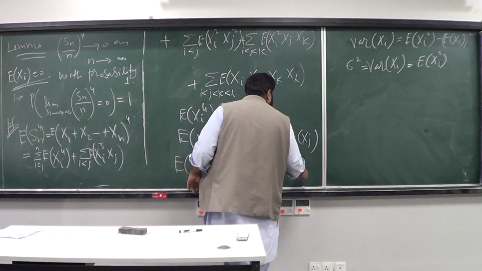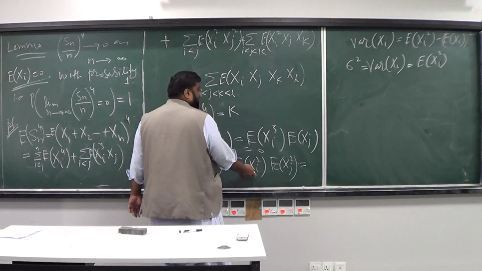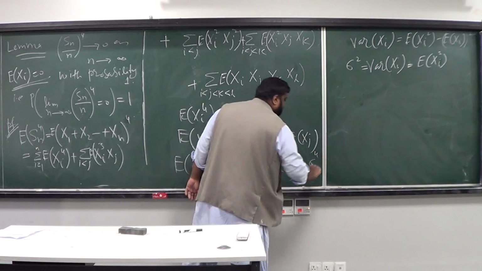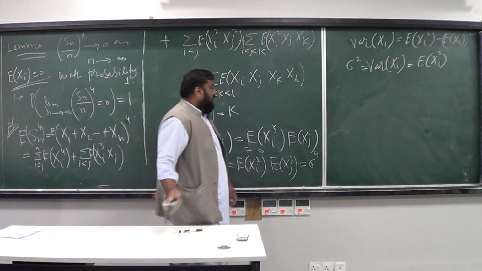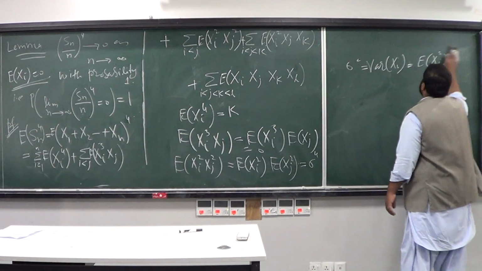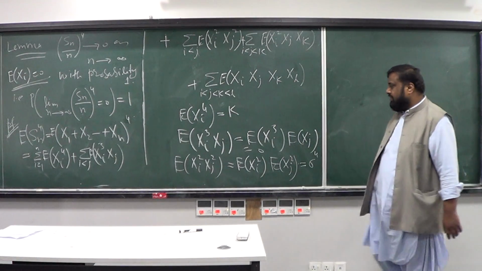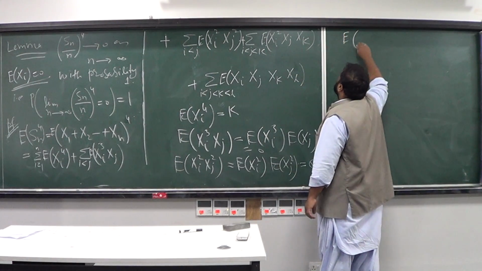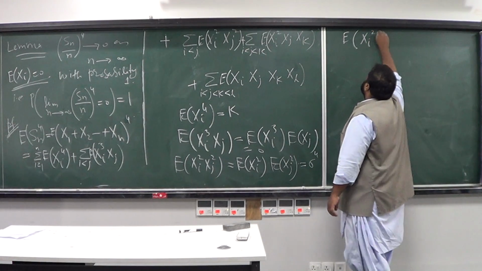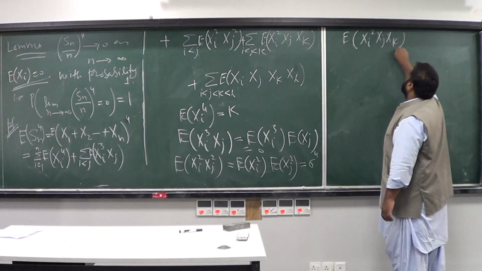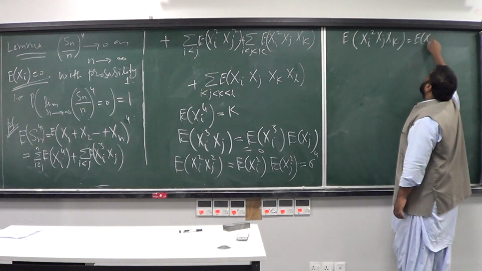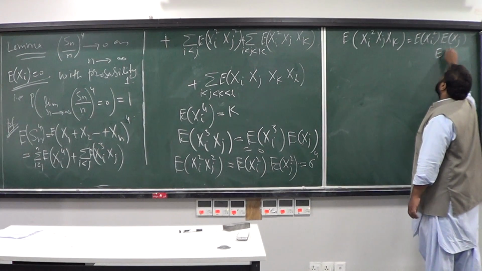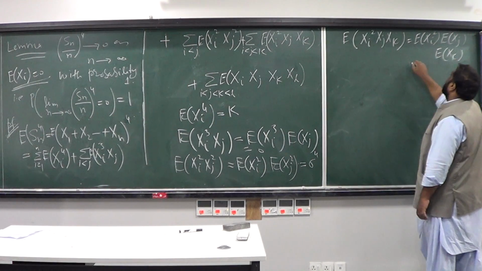So what does this show? This is sigma square, this is also sigma square, so their product is sigma power 4. What would be the third kind of term? The expectation of xi square times xj times xk would be the expectation of xi square times the expectation of xj times the expectation of xk, and this is equal to 0.